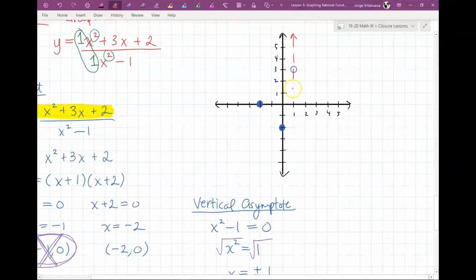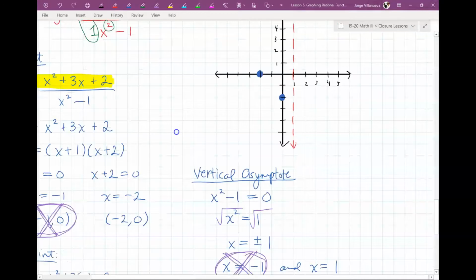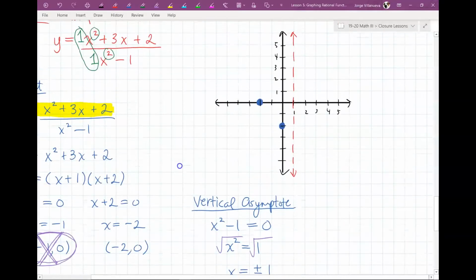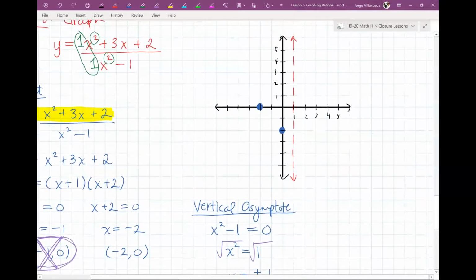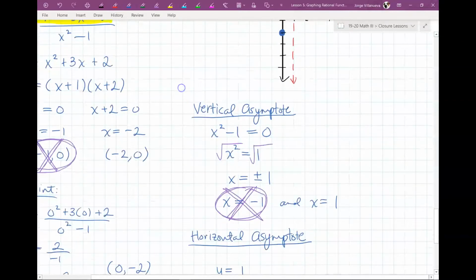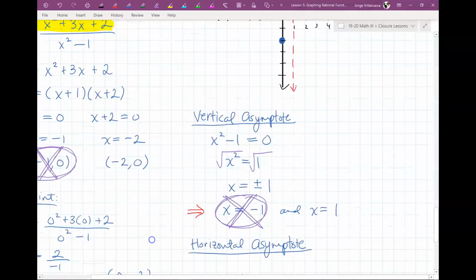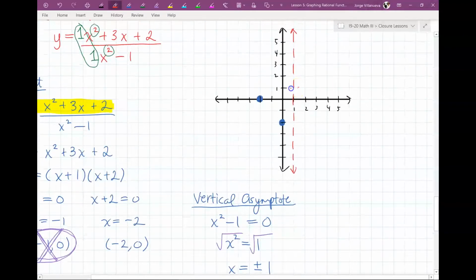But we used to have two of them. We used to have two vertical asymptotes, one at -1. So this is what's going to happen. Well, I'll show you right now. But don't forget about this. Then the horizontal asymptote is 1.